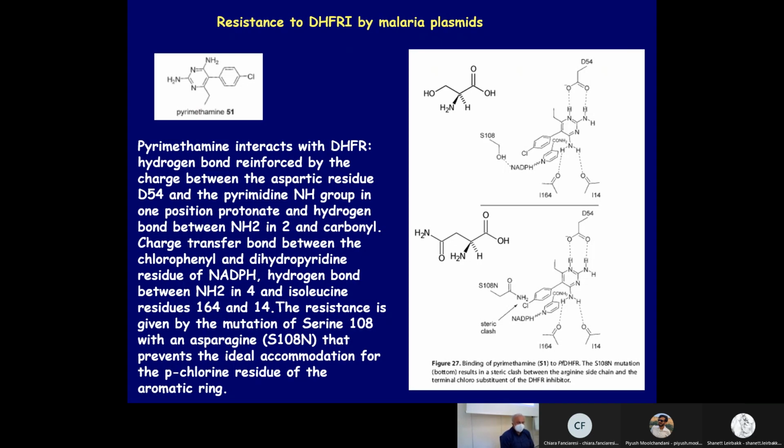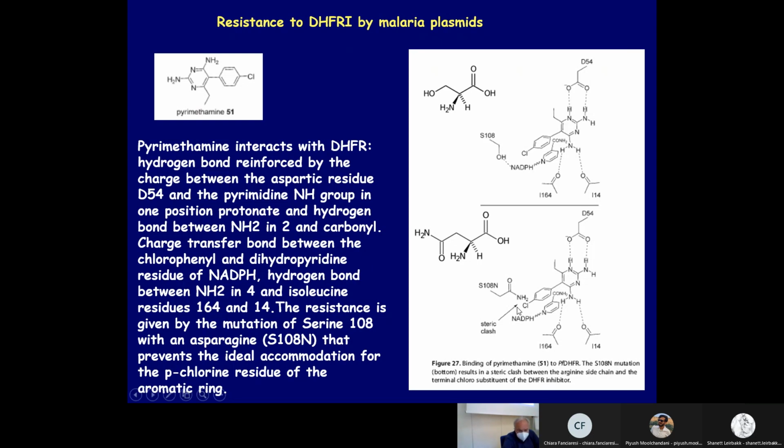In the resistant strains, it was observed the substitution of this amino acid, this serine, with an asparagine. Asparagine is bigger than serine. Asparagine has this final amido group, an amide.